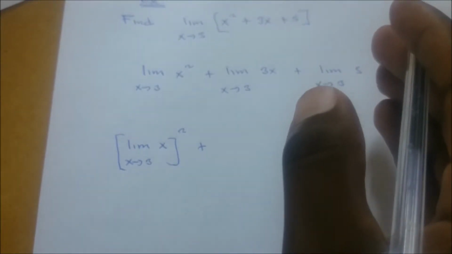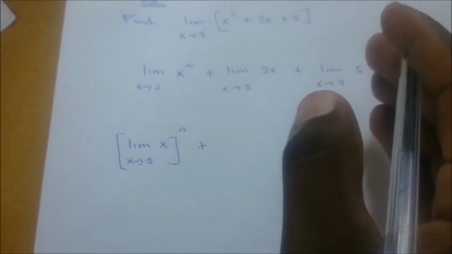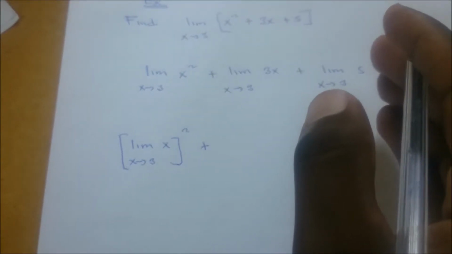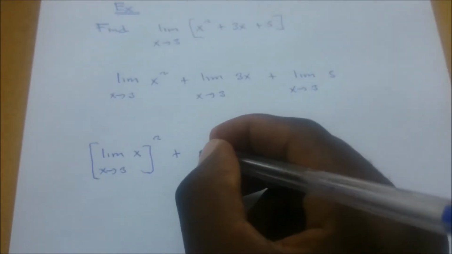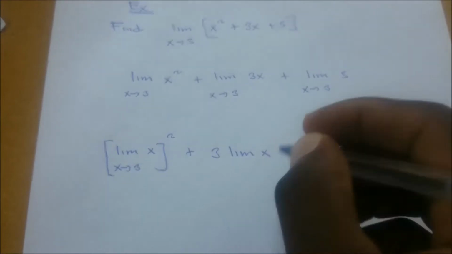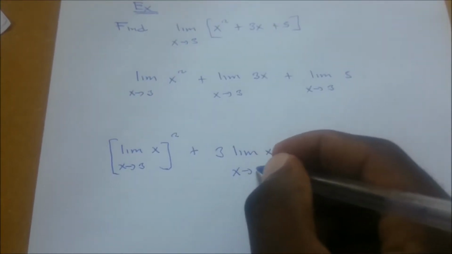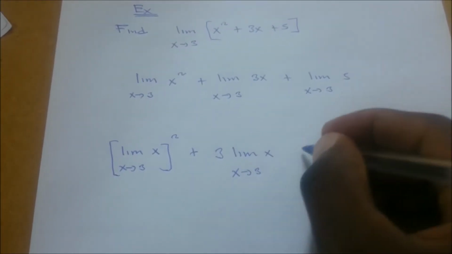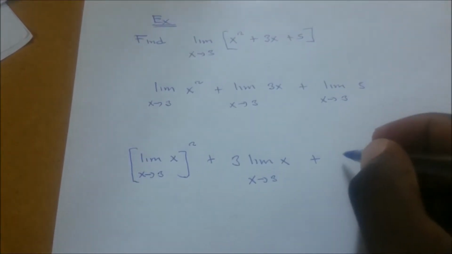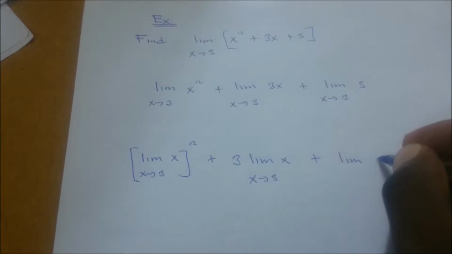So here you are going to remove the constant: 3 times the limit of x as x is approaching 3. Plus, this one we're just going to leave like this in the meantime.